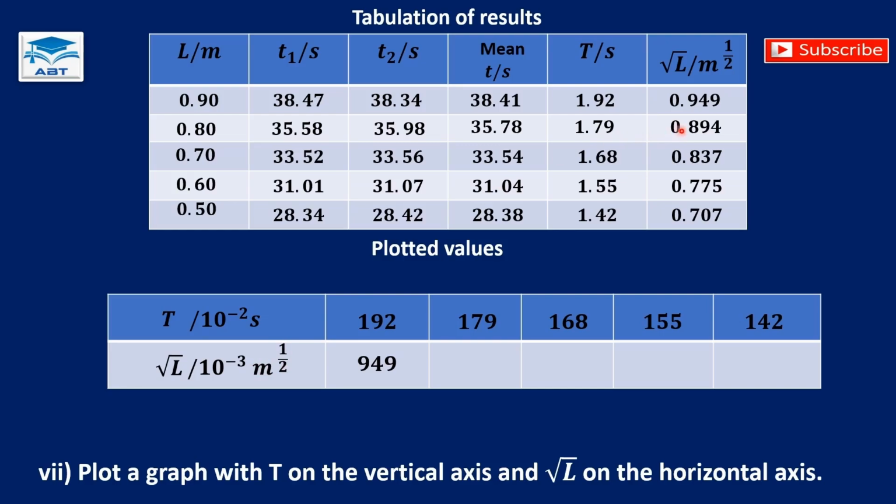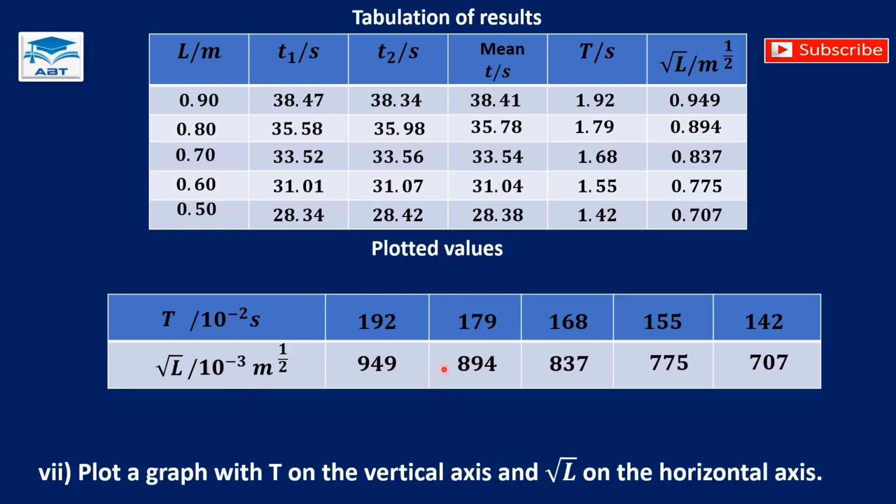The next value, when we move this point 1, 2, 3, we have 894. The next one will be 837. The next one 775, and the last one is 707. So we just want to see the values as whole numbers for easy plotting. That's why we adjusted them to standard form.